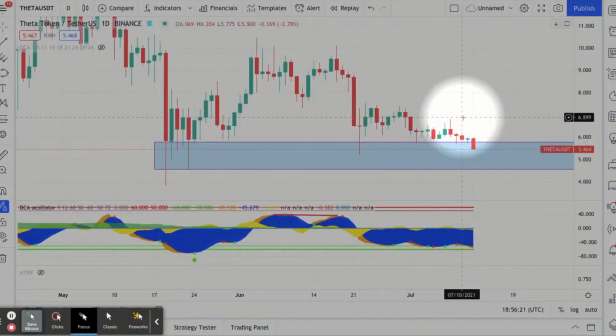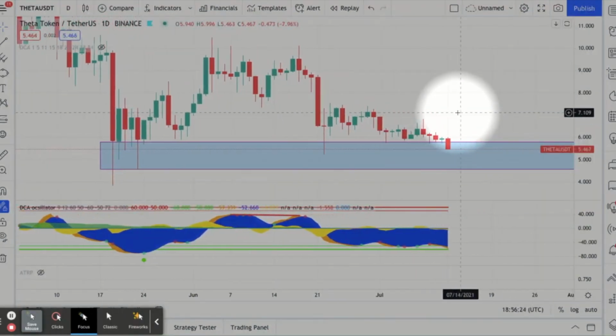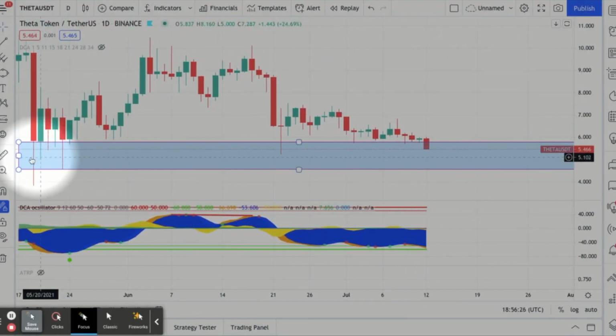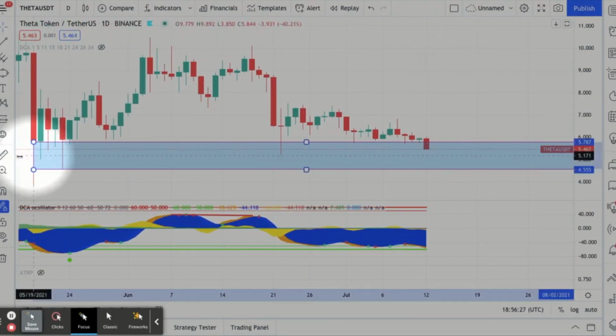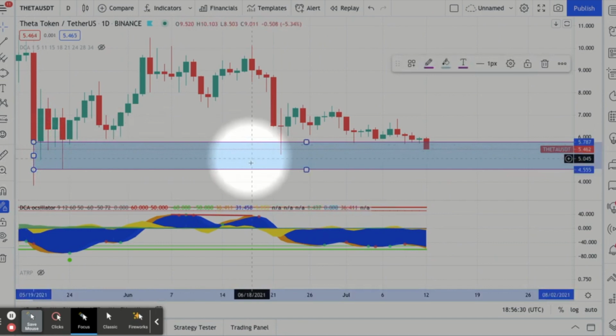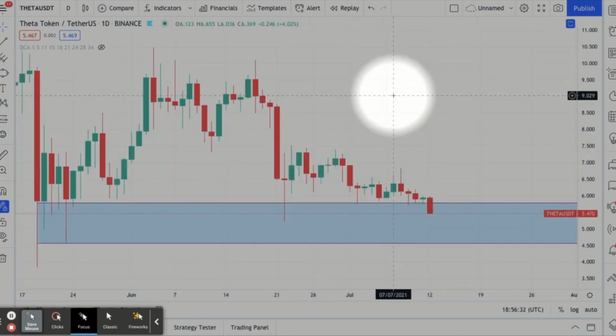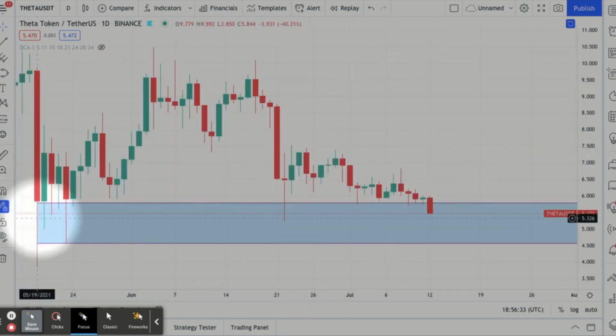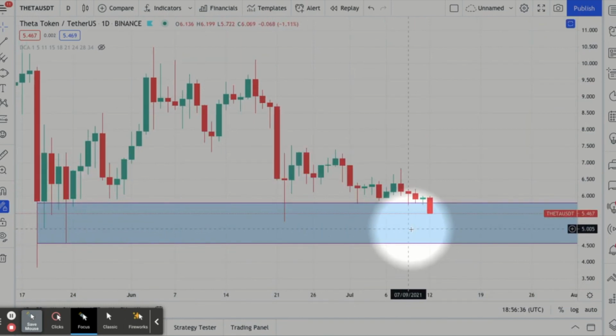So what I'm going to do is show you how I set mine up. Here is my bottom zone. So I'm just going to look at theta and I'm going to say, okay, I've got my bottom zone here. Again, this is on Pionex. If you guys aren't familiar with Pionex, they have grid trading bots.